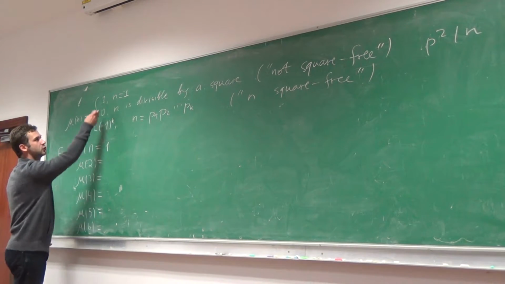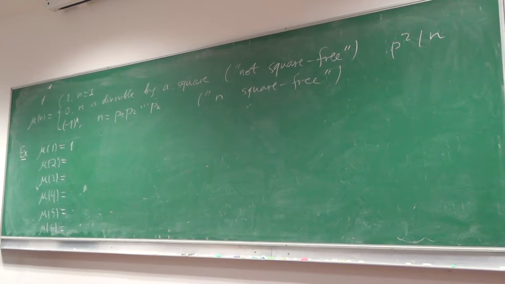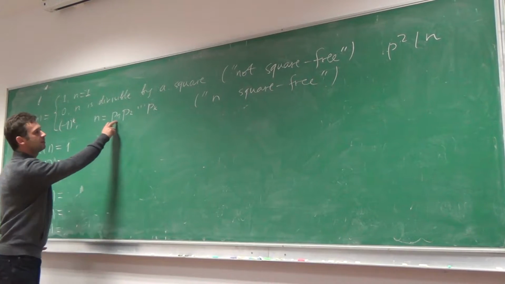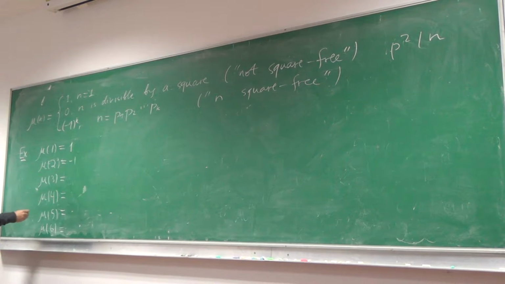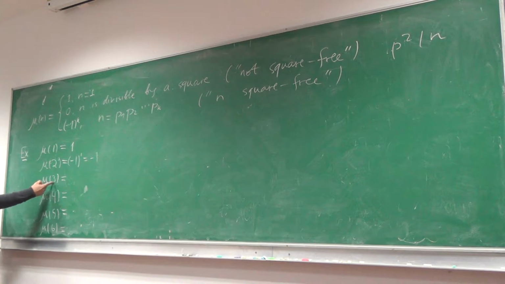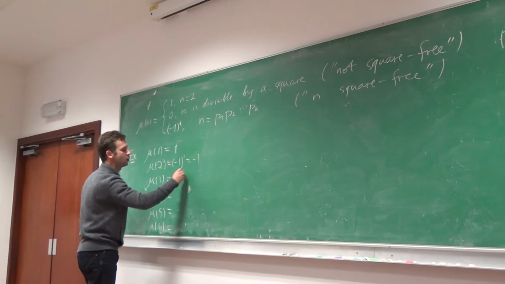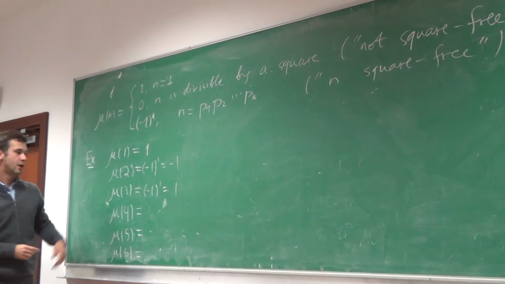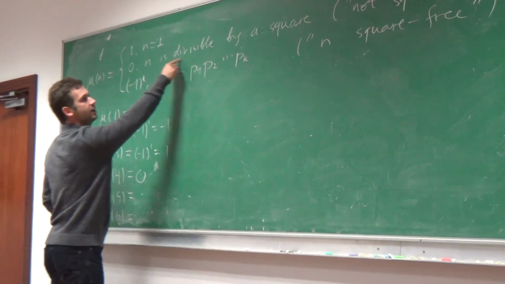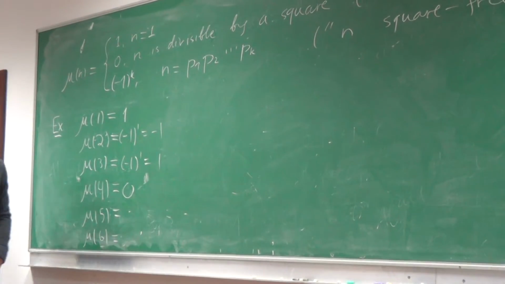So mu of 1 is 1, that's in the table. Now 2 is a prime, so we have 1 prime here, so we put minus 1 to the first power, which is minus 1. Similarly for every other prime, we have minus 1 to the first power. These are square free. Now 4 is not square free, so we are divisible by a square, it's 0.